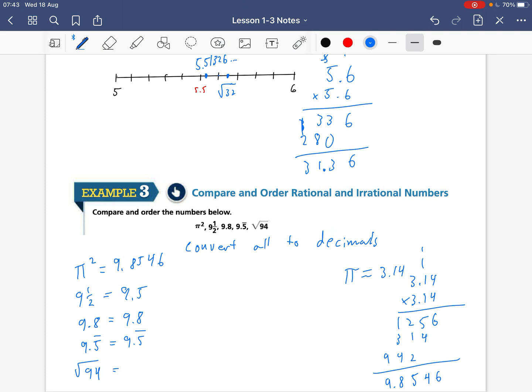Okay, so this is just scratch work here. 9.6 times 9.6 gives us 36. 9 times 6 is 63, I believe. Let me check this.